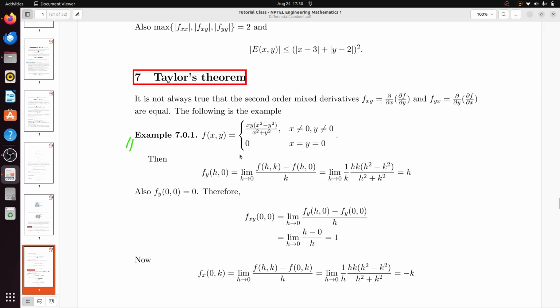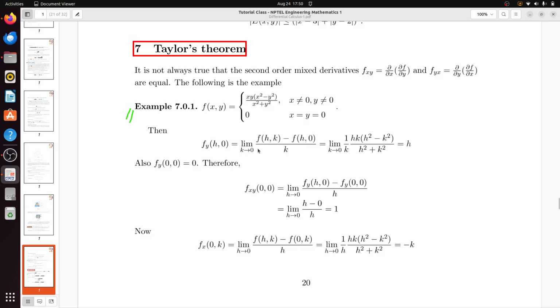First you need to determine this at y is 0. So what is fy(h,0)? It is the limit as k tends to 0. The function is f(x,y) equal to xy (x squared minus y squared) by (x squared plus y squared) for (x,y) not equal to (0,0), and 0 at x equal to y equal to 0.